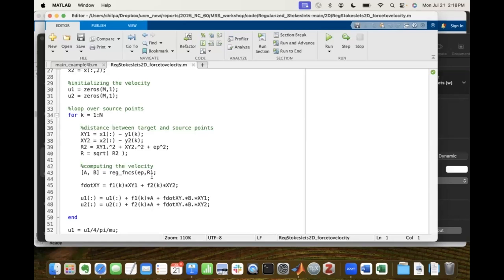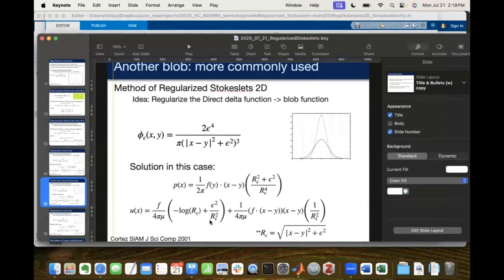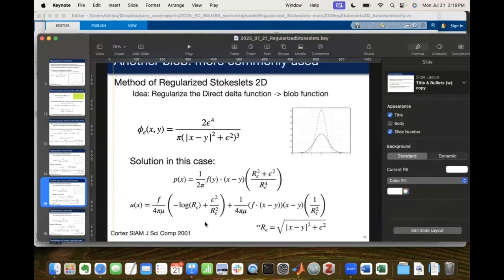When you write out the sum here, let me go back. If I write out U here, I get two parts that pop out. And the part in the parentheses here depends on my regularization function.